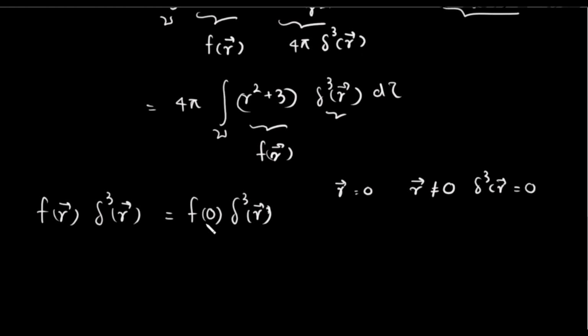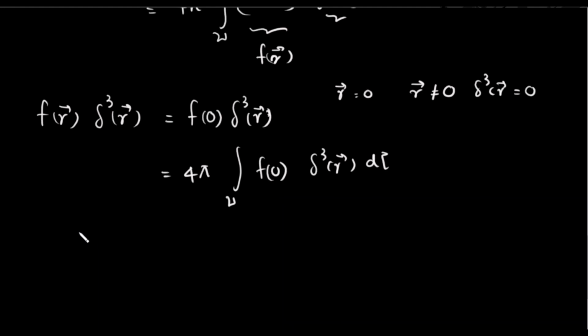So you have to consider f(0) here. f(0) means you put r equals 0 into this function, so you have 0 squared plus 3. That means f(0) equals 3.